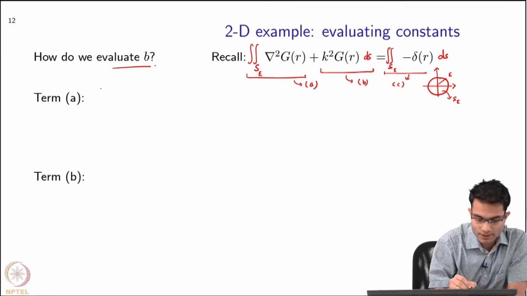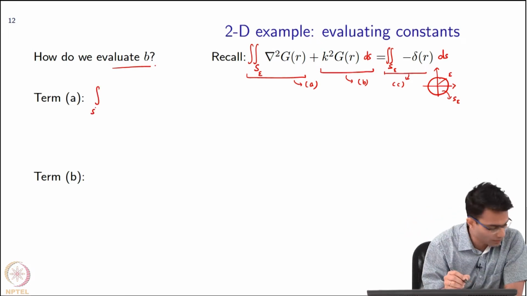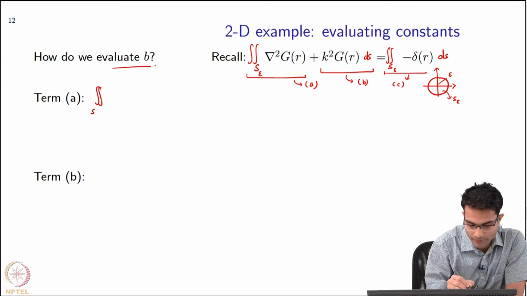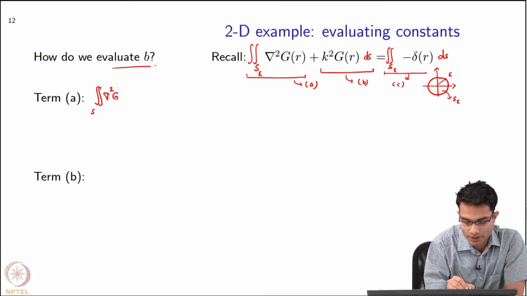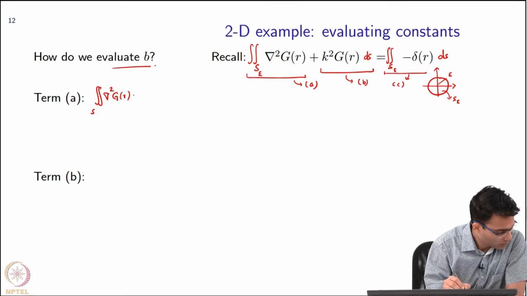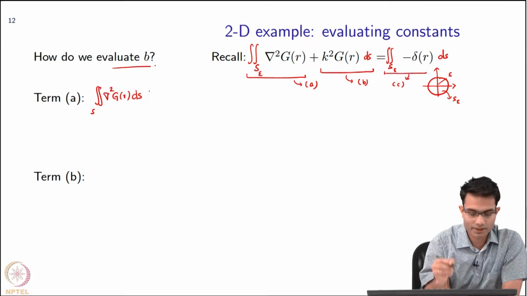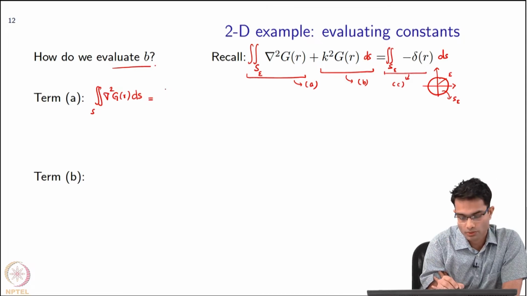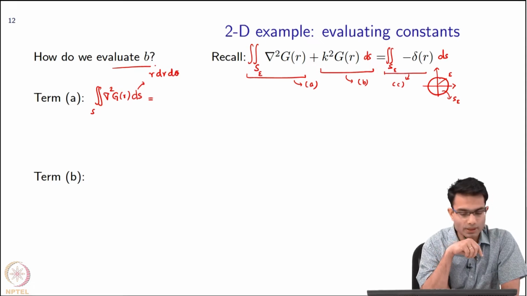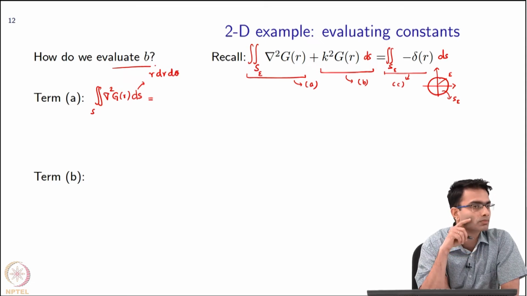Now, I will just write one integral symbol, let it be, we will just be consistent, we will write del squared g of r integrated over ds. What is ds in polar coordinates? r dr d theta, right. Is there any theta dependence? No, right.